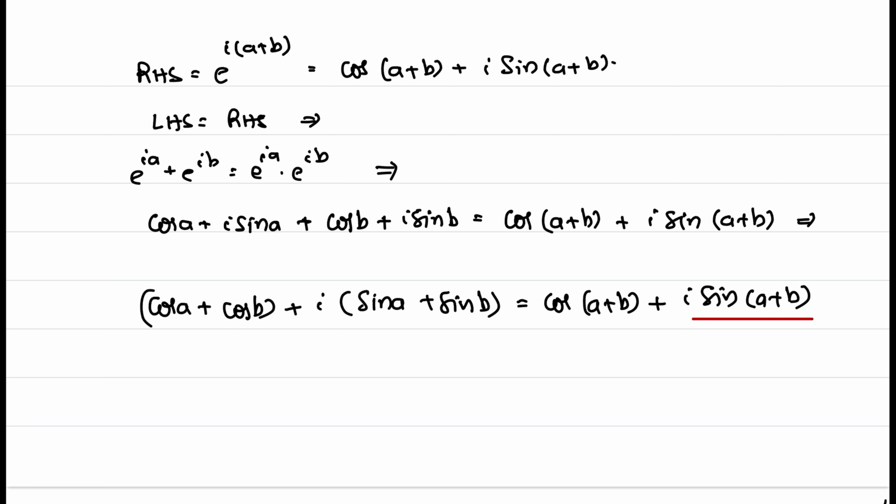i sin(A+B), this is the imaginary number, and i(sin A + sin B) is also an imaginary number. Let us equate the imaginary parts on the right hand side to the left hand side, because whenever two complex numbers are equal, their real parts will be equal to each other, and their imaginary parts will be equal to each other.